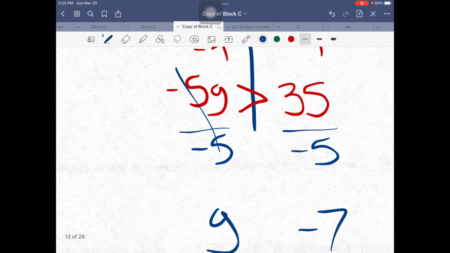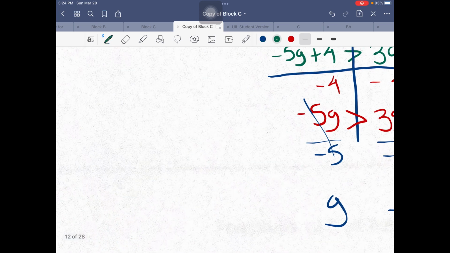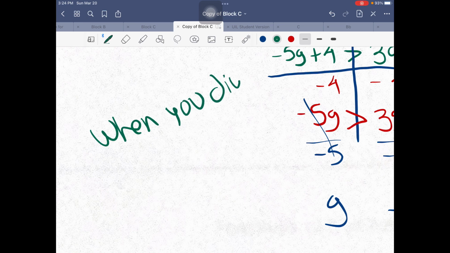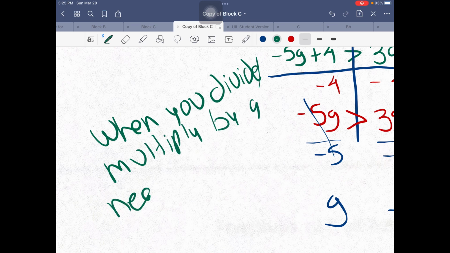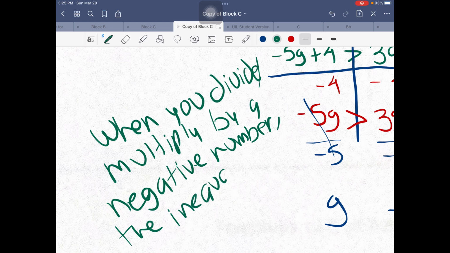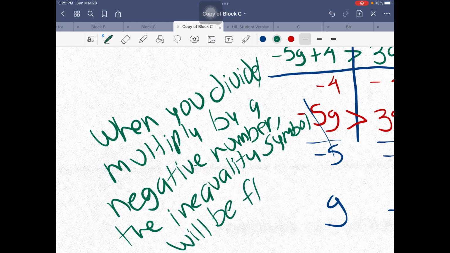Now, a rule. When dealing with inequalities, this is the difference between equations and inequalities, one of them at least. When you divide or multiply by a negative number, the inequality symbol will be flipped.